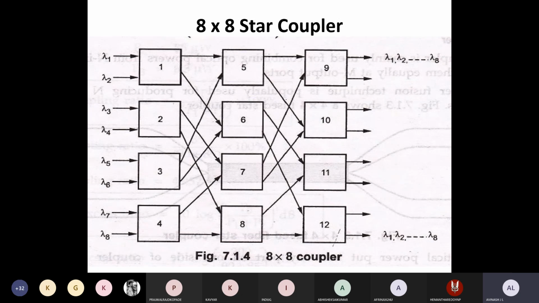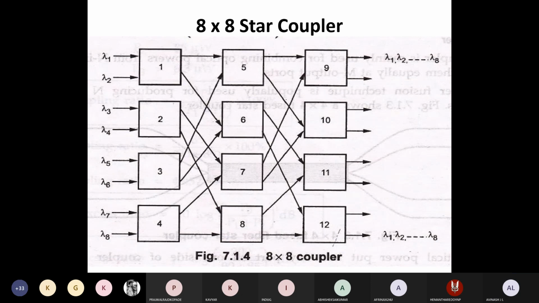In this diagram, you can see that 12 2x2 couplers have been used to form the 8x8 star coupler.